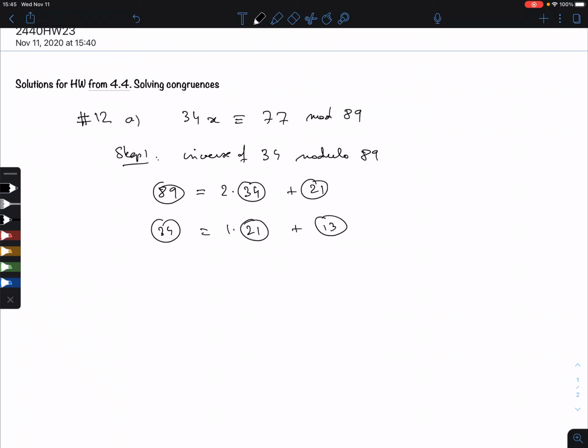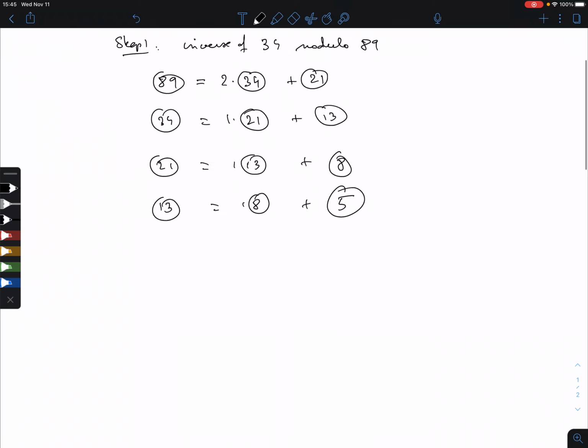Then we divide 21 by 13. That also goes in one time, and the remainder is 8. Then 13 divided by 8 gives remainder 5. 8 divided by 5 gives remainder 3.